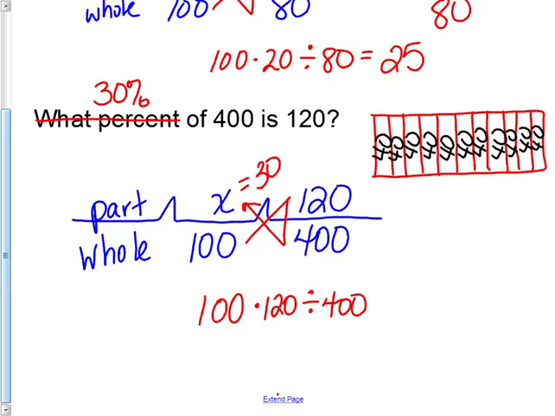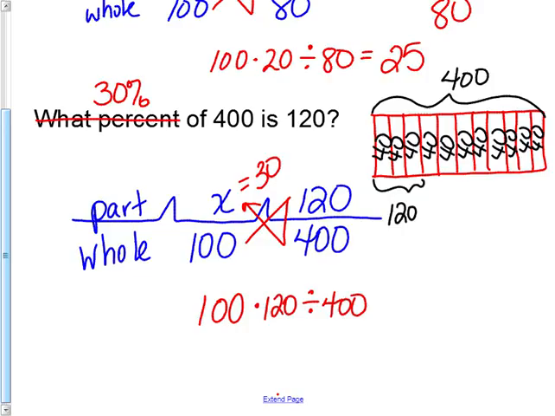And then I can say 3 parts, or 3 out of 10, 30%, is equal to 120. So does it work? Is 120 30% of 400? Yes, it is, and I can prove it with my model.